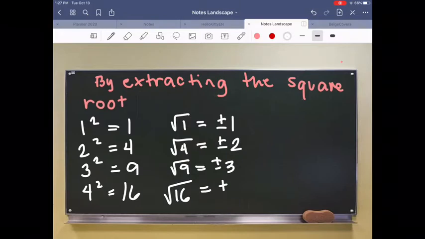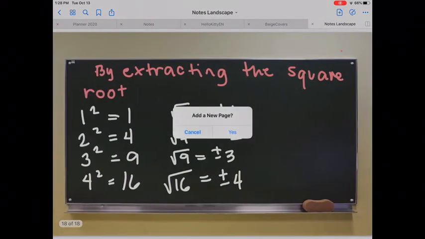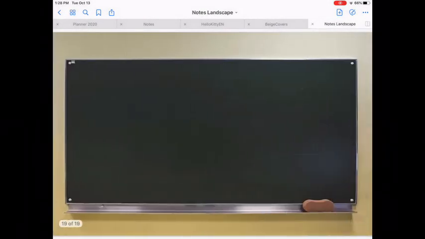Okay, very good. That would be positive or negative 4, and so on. 5 squared is 25, so the square root of 25 is positive or negative 5. Now we move on to the next part.